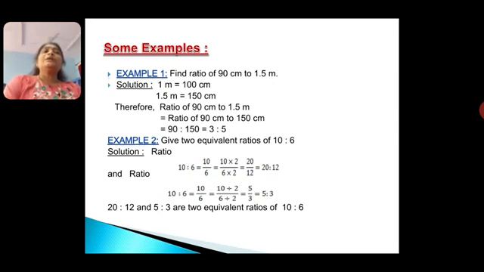Again, 10:6 equals 10 by 6. If we divide numerator and denominator by 2, then we get 10 divided by 2 by 6 divided by 2 equals 5 by 3 equals 5:3. Here 20 ratio 12 and 5 ratio 3 are two equivalent ratios of 10 ratio 6.